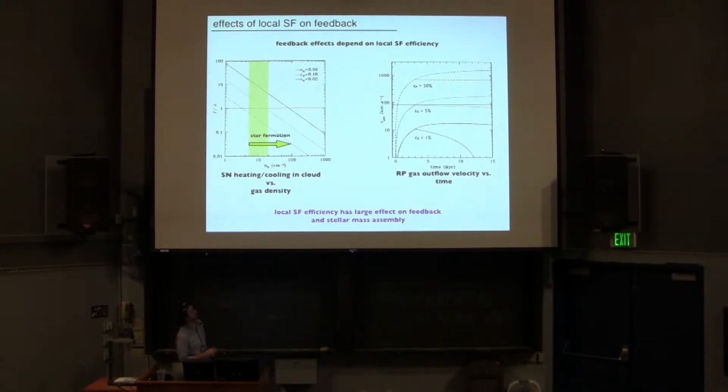If you put in radiation pressure, you're better off, but still the velocities to which you can accelerate your gas depend on the efficiency that you put in. And as Mark emphasized, this may not be important at galactic scales for ejecting all the baryons out of the halo, but it still may be important for the galaxy inside the halo itself.